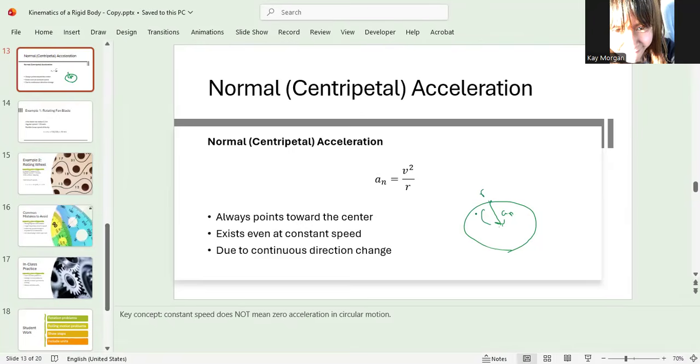Normal acceleration exists because the velocity vector is constantly changing direction as your rigid body moves around that circle. So what you have just learned is that for acceleration to happen, you're not looking at only the magnitude of the speed.